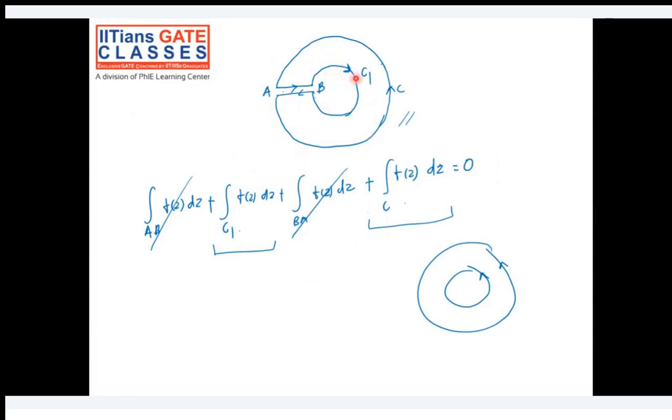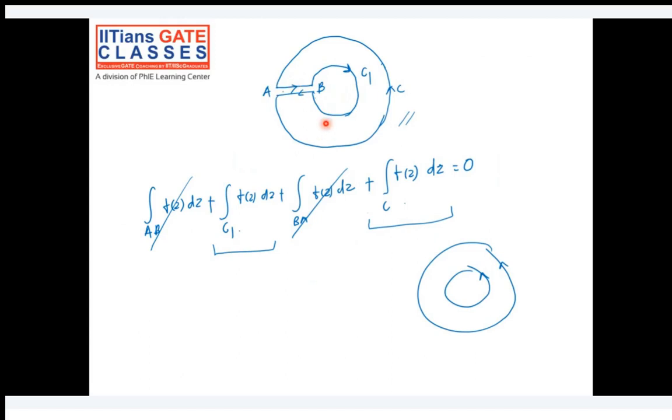I am making a small slot here, from point A to C1, then B, and then C. These two points very close, you call it A, and these two points very close, you call it B. So A to B, then C1, then B to A, then C. So basically C1 is in clockwise direction and C is in counterclockwise direction.